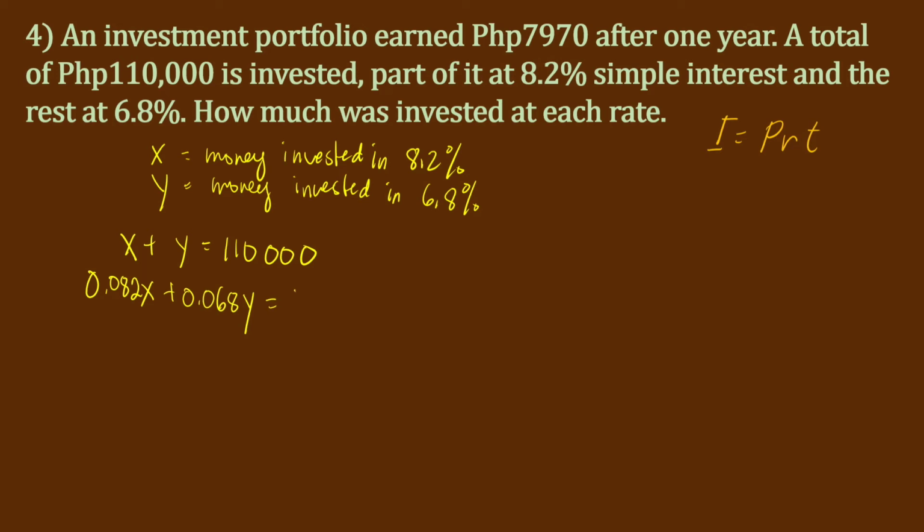Okay. Now, total of this interest earned according to the problem is 7,970. Okay? So, the second equation tells us how much is earned in the first interest rate, how much is earned in the second interest rate, and the total is given 7,970. Okay, so these are the two working equations in which we are going to use.